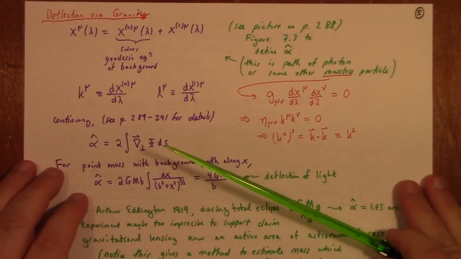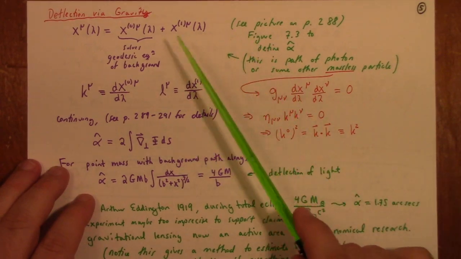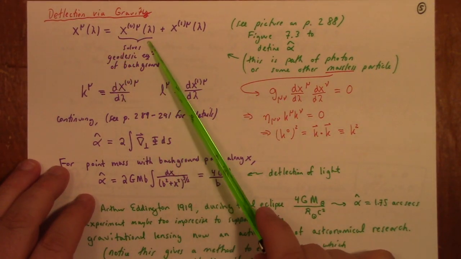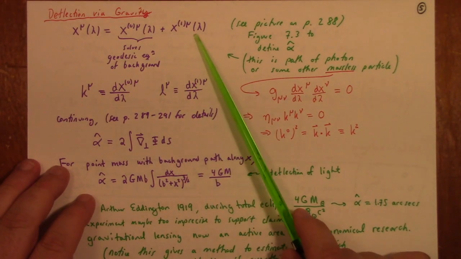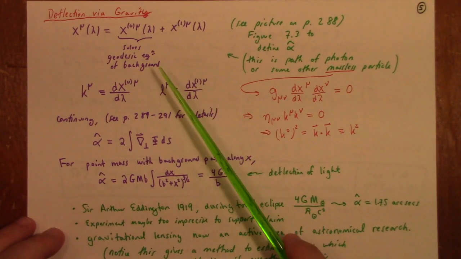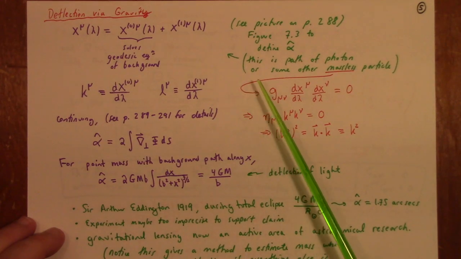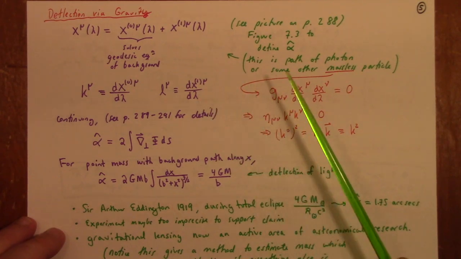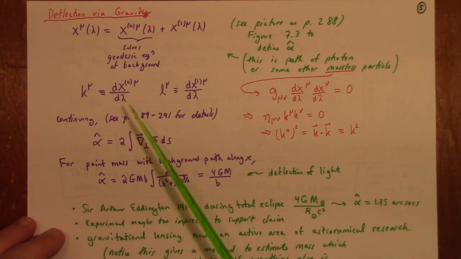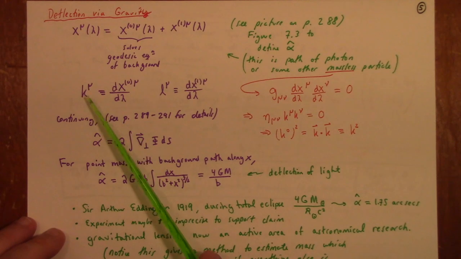So, deflection by gravity, he writes this equation. Again, this solves the geodesic equation of the background, and this is the response to the perturbation. And this is the path of some photon or other massless particle.